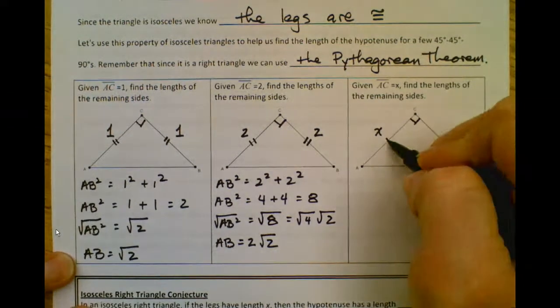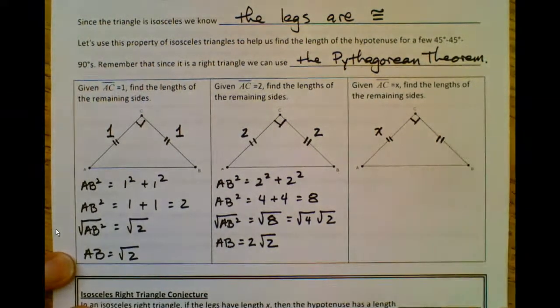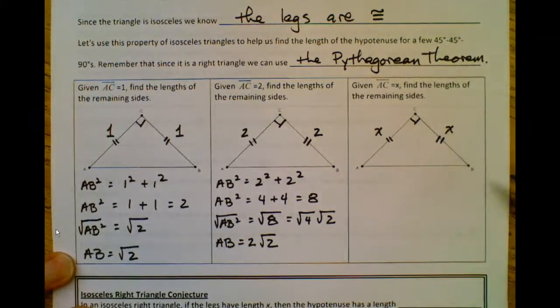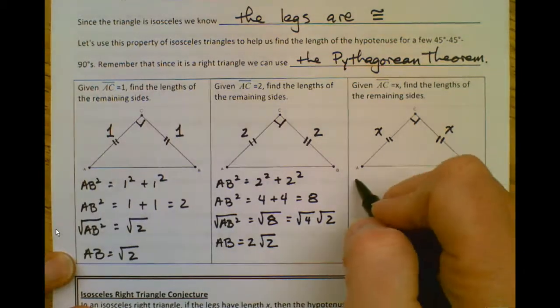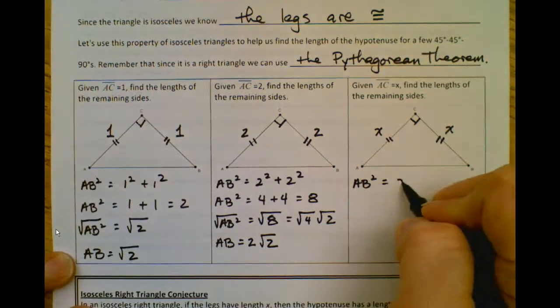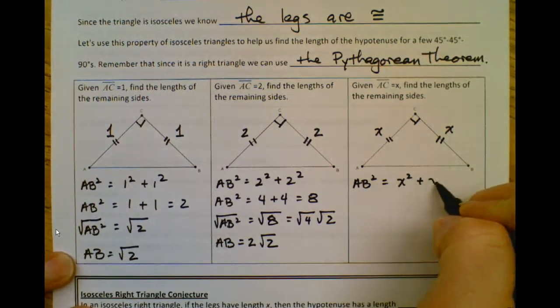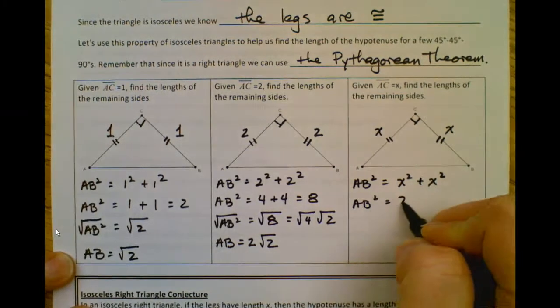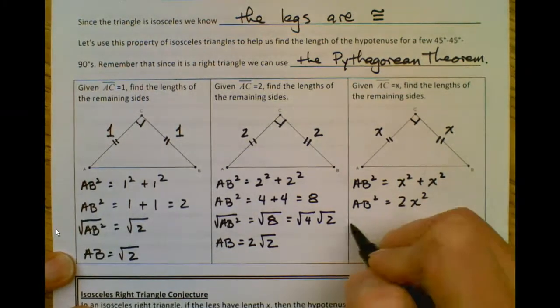Here's my right angle, isosceles triangle, so the legs are going to be congruent. This side's going to be x as well. So now again we need to find the hypotenuse. Let's use the Pythagorean theorem. So I've got AB squared is equal to x squared plus x squared. So AB squared is equal to 2x squared.